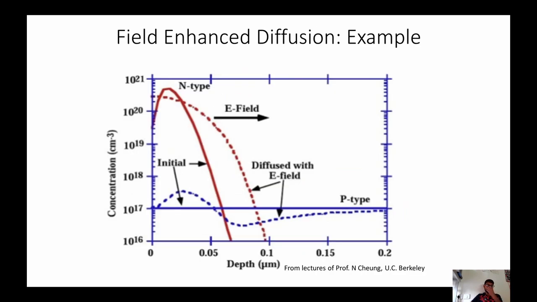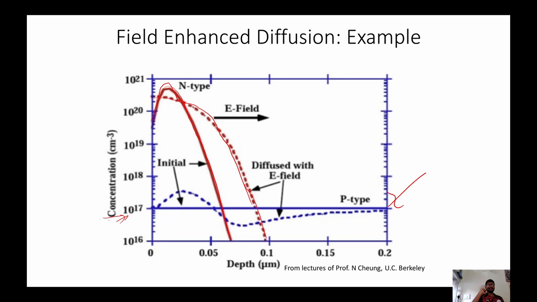Now for the field enhanced diffusion, initially you have taken a p-type silicon wafer with the doping concentration of 10 raised to power 17. This is after ion implantation of n-type dopants, and this is the diffusion with the electric field.